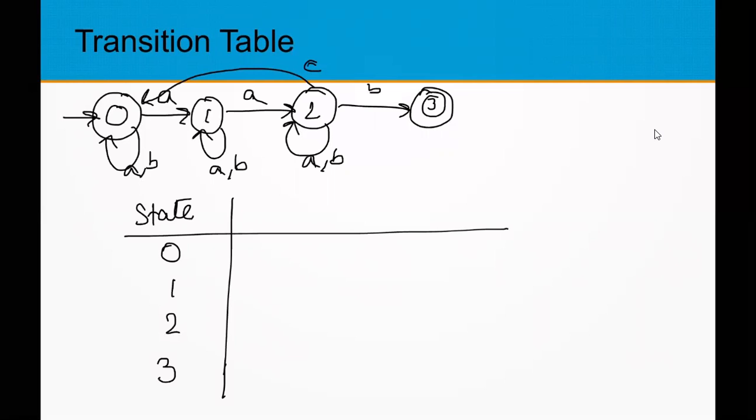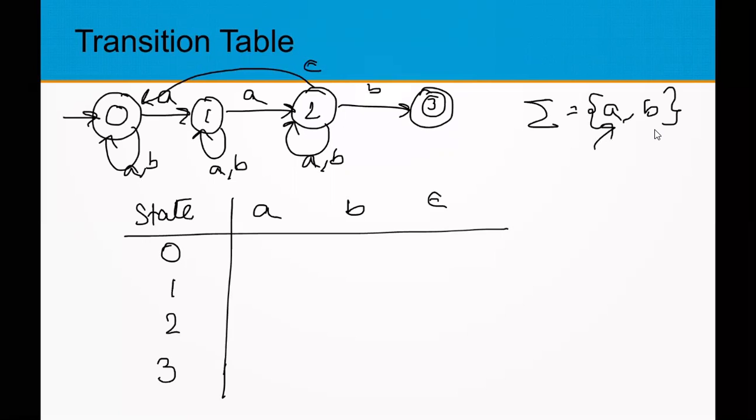And on this side, we put the input symbols: input symbol A, input symbol B, and also epsilon. Our alphabet consists of the characters A and B, so for every element of this sigma, we will put one column.